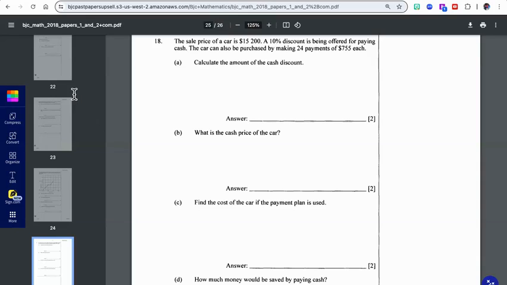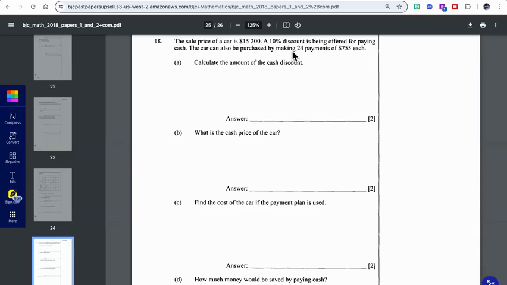So discount means that you're getting something off. Good, that's the first answer. Calculate the amount of the cash discount. So you have to find 10% and subtract it. Or 10% simply means to divide by 10. Move the decimal point one place to the left, and that will give you your answer. That's a shortcut. Whenever you're dividing by bases of 10, meaning tens, hundreds, thousands, 10,000s, and so on.